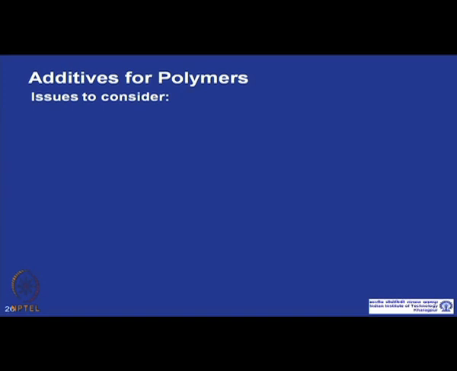Before we discuss the chemistry, there are some issues about the additives we must consider: how they function, the mechanism, and obviously chemistry plays a major role in this, and cost. Though additives are added in small quantity, typically they are much costlier than the base resin. So, one must consider the cost of the additives used.